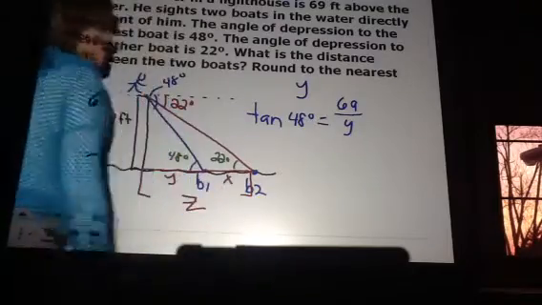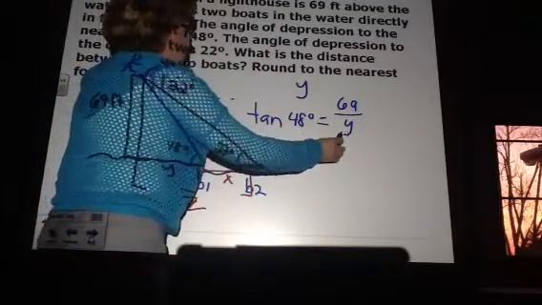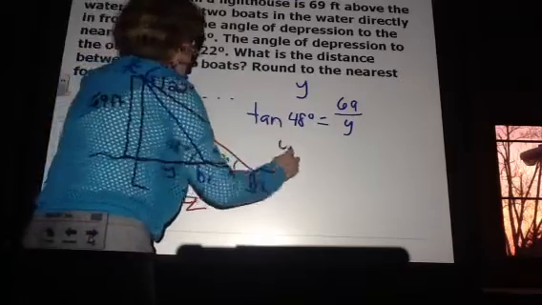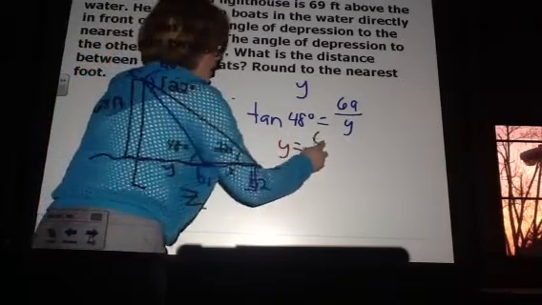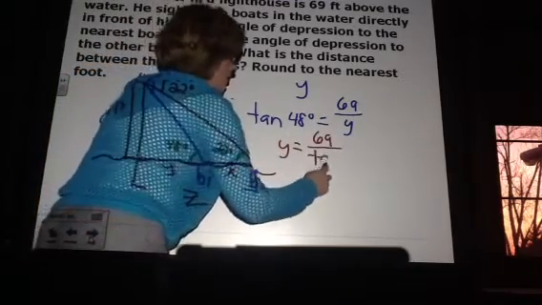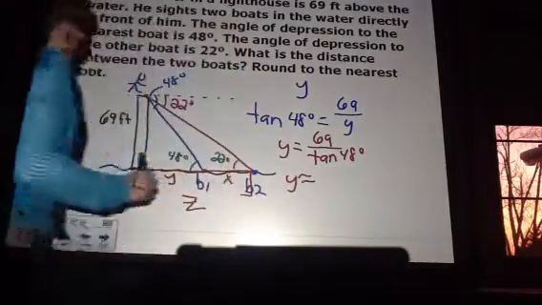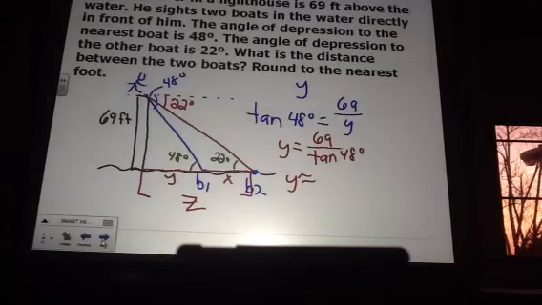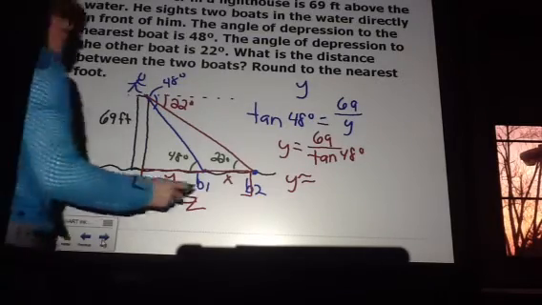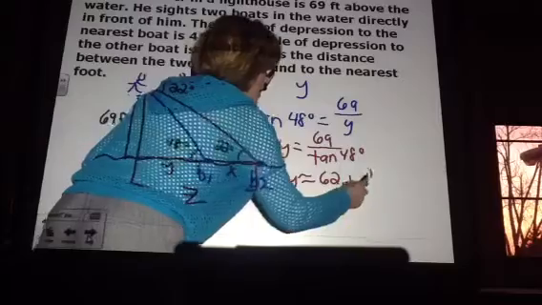Okay, when you cancel out this y as a denominator, multiply both sides by y, and then divide by the tangent of 48. So you're going to have 69 divided by the tangent of 48 degrees. Keep that in your calculator all together. Round at the very end, you're going to get 62 and 1/10 of a foot.